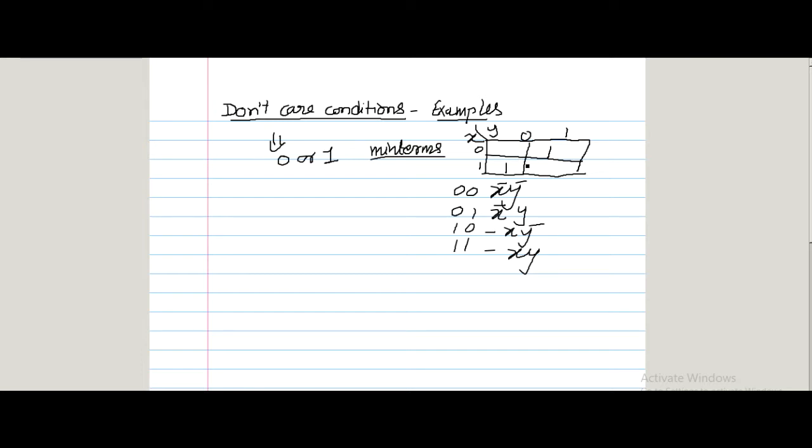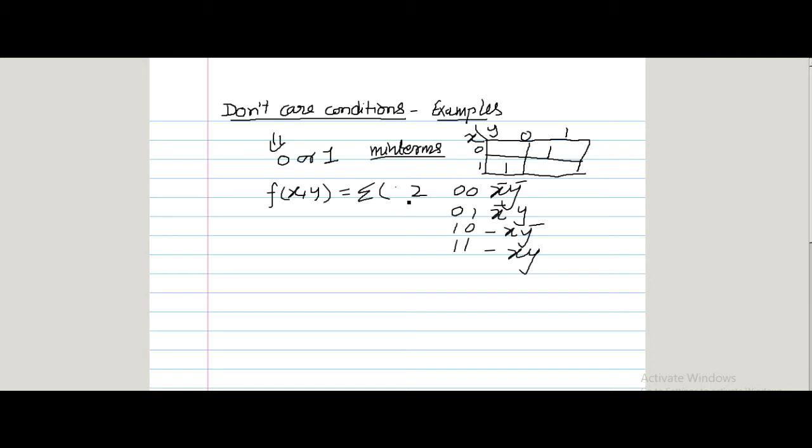So in your example, in case it's given like f of x comma y equals sum of minterms, here we have 1 0, meaning x is 1 and y is 0, which is 2, right? And for 0 1 we have 1.